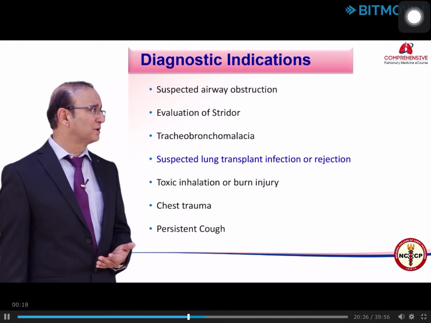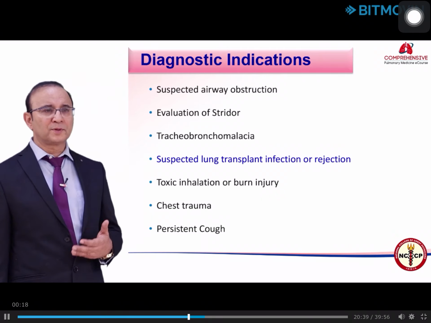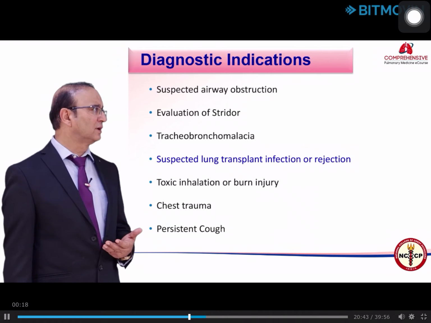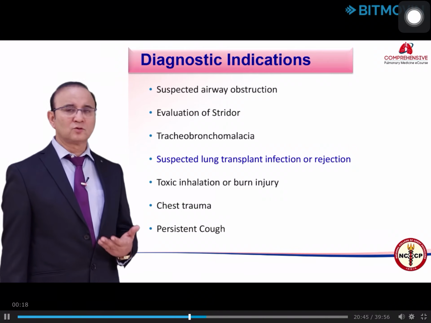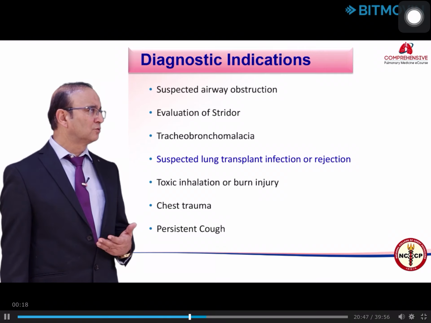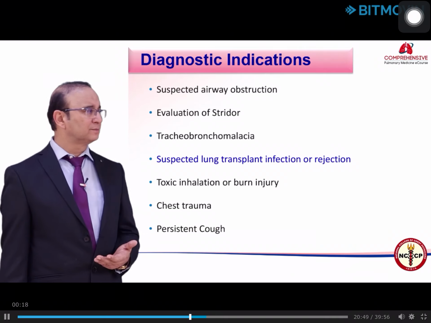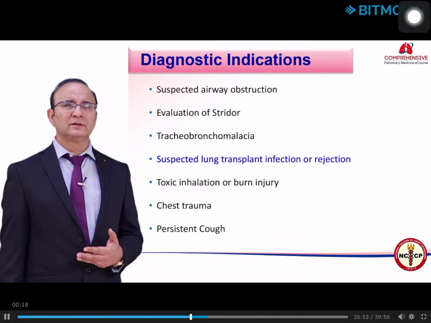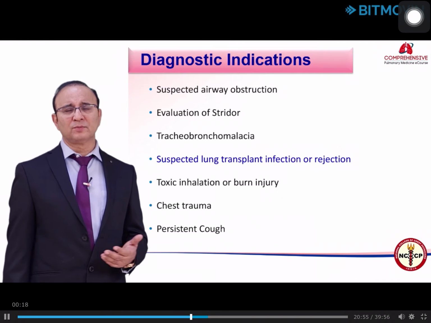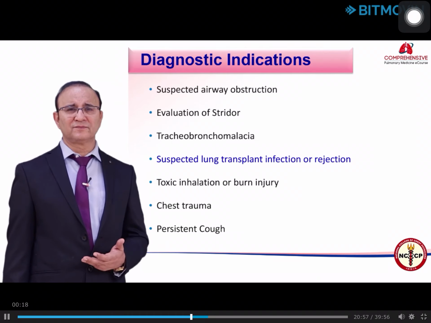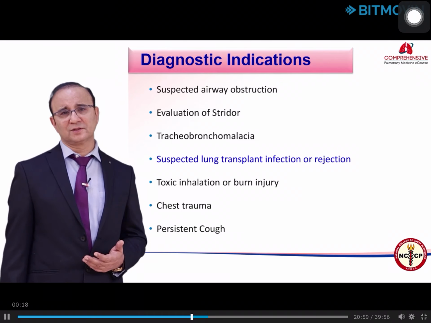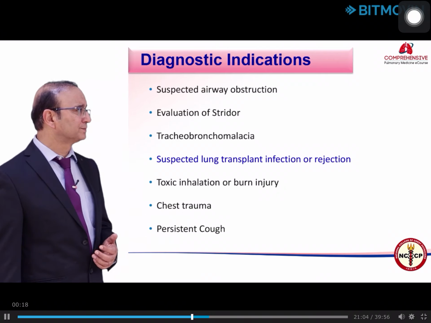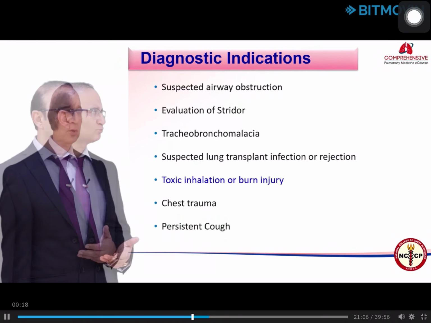So you can obtain a bronchial lavage or transbronchial biopsies in transplant patients to determine the rejection and also to find out opportunistic infections like PCP, cytomegalovirus or Aspergillus infection. These are very common infections in lung transplant, so bronchoscopy would be very, very useful in these patients.